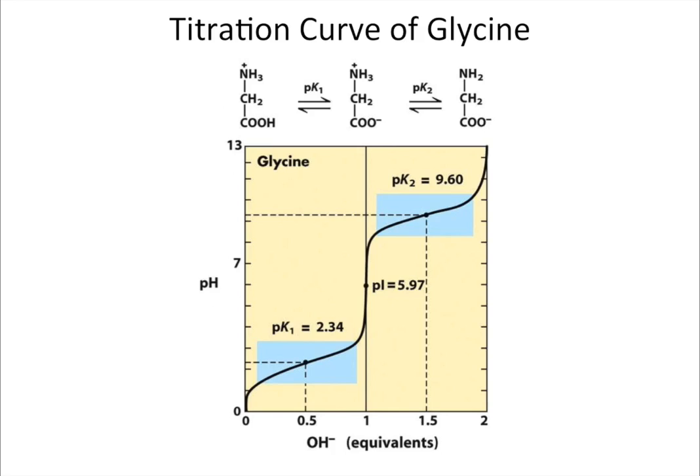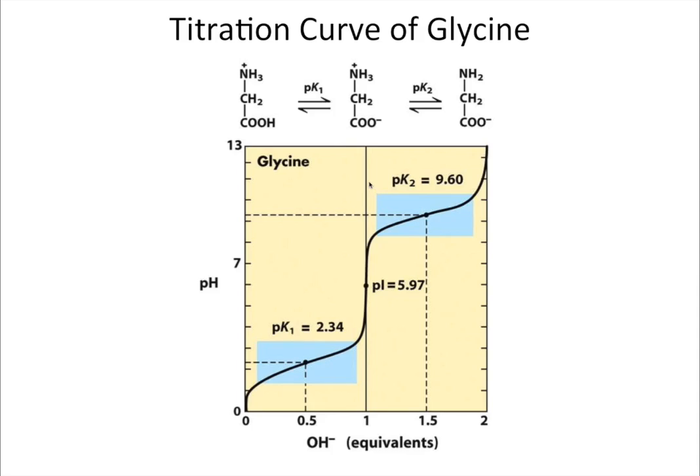So that was for a pretty basic molecule, but now let's look at the amino acids, because I mentioned that amino acids essentially serve as buffers. You could say in the cytoplasm of the cell, they help maintain the pH in certain regions.